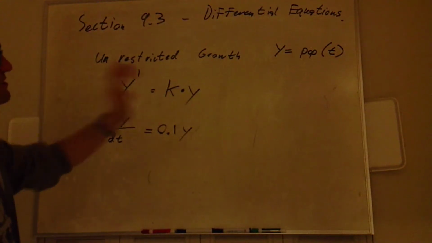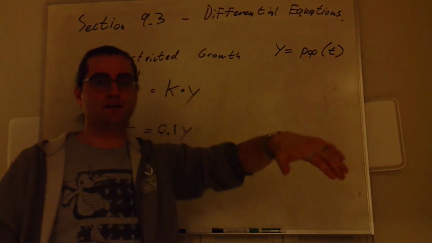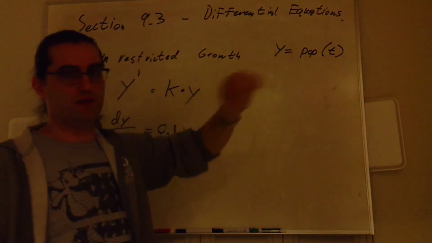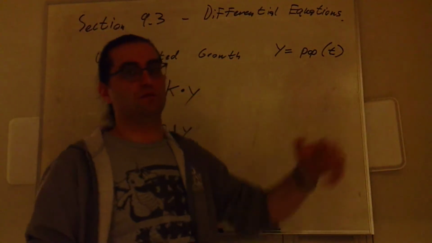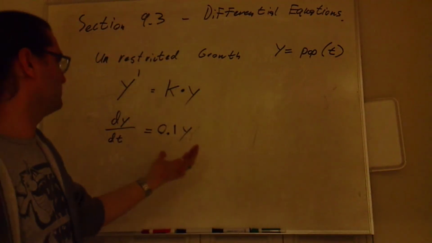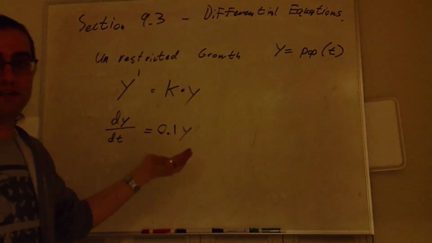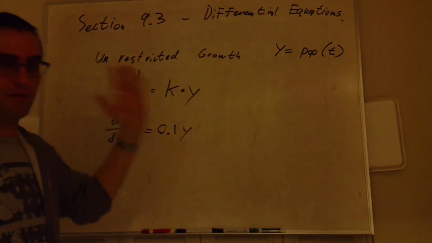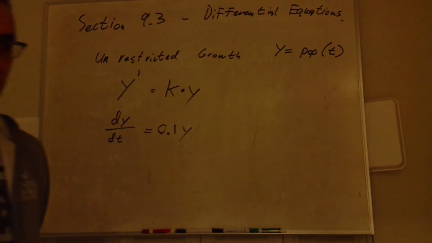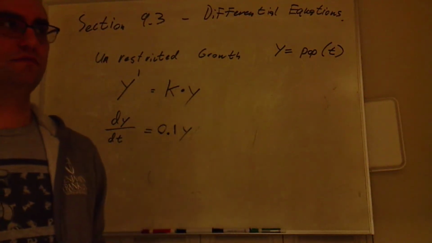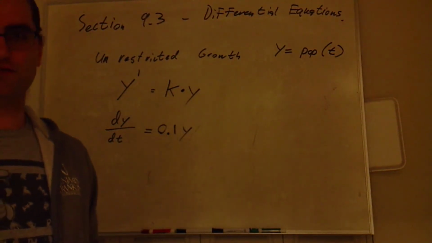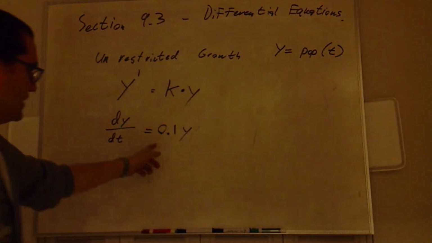If this is modeling a population of bacteria, then your y would be the number of bacteria, and your t would probably be in days. This is a bacteria that reproduces once every 10 days. So 1/10 of your population is cloning itself every day.